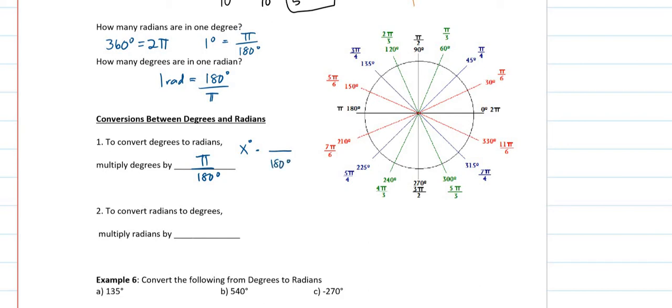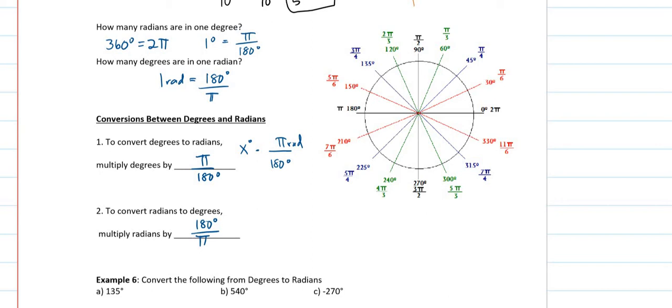So we need the degrees on the bottom, and that way our units cancel out, and we're just left with the pi radians on the top. If we want to convert from radians to degrees, we are going to multiply by the proportion flipped. So 180 over pi.